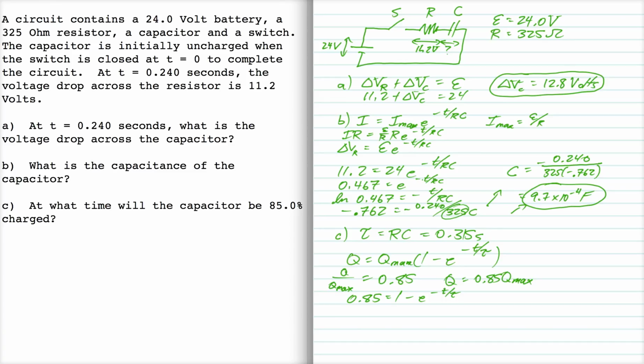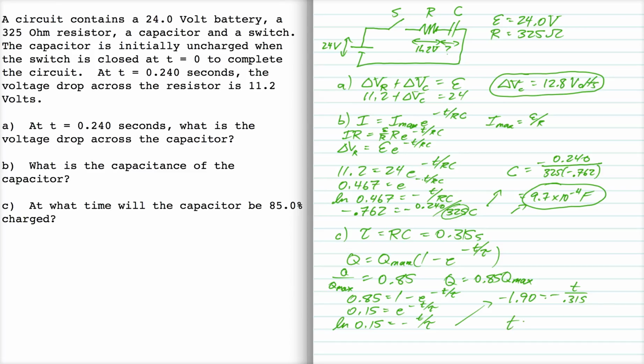Alright, so now I've got to rearrange this, and this is 0.15 is equal to e to the minus t over tau. And then I take the natural log of both sides. And then that gives me negative 1.90 is equal to negative t over 0.315.